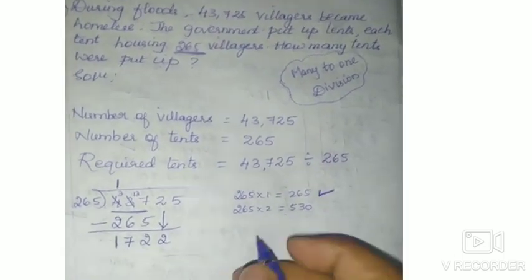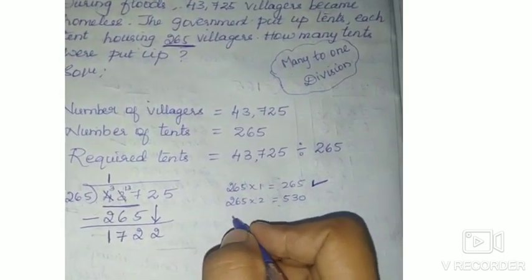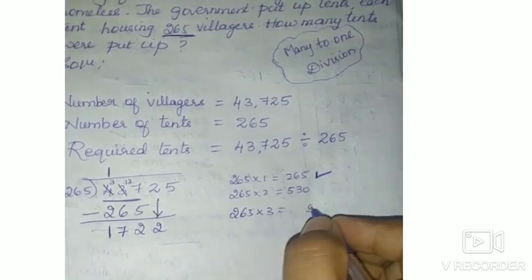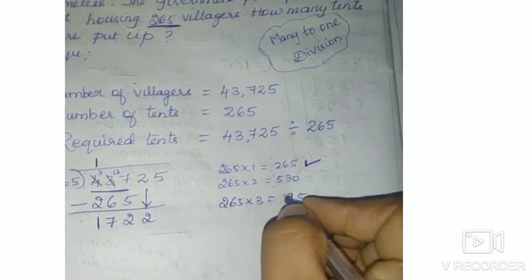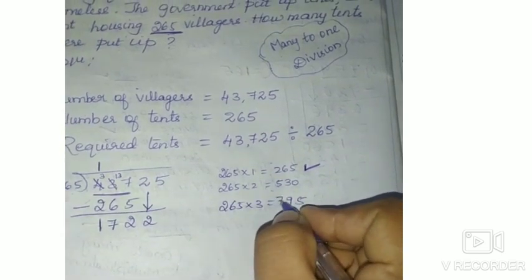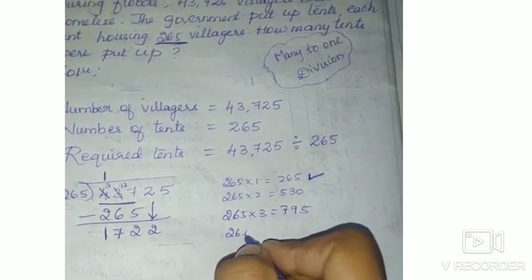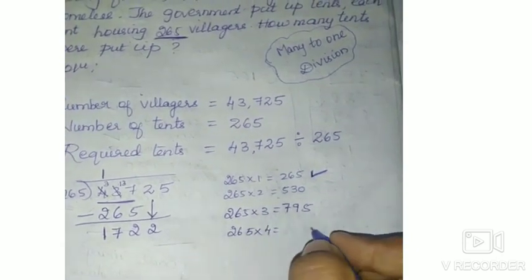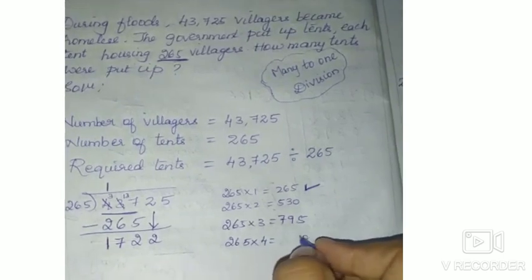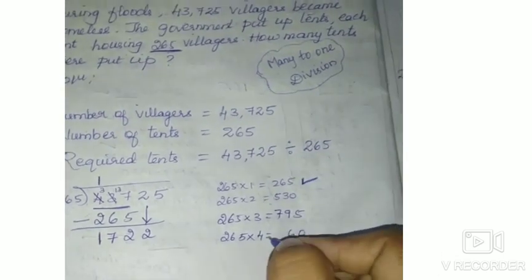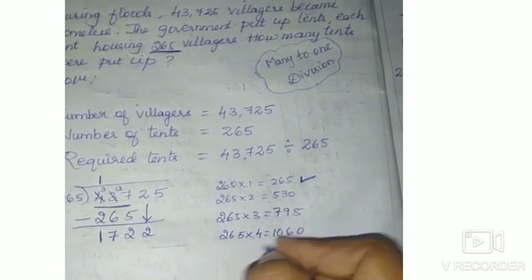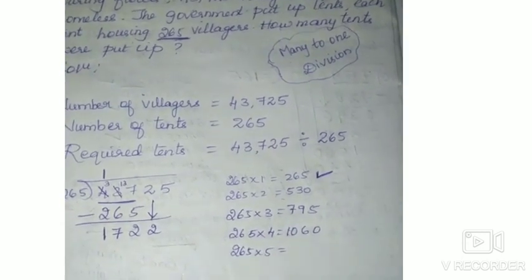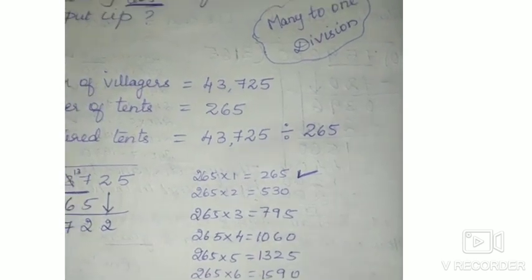Now start multiplying until you get this number or more. 265 threes: 3 fives are 15, 3 sixes are 18, plus 1 is 19, 3 twos are 6, 7, that is 795. 265 fours: 4 fives are 20, 4 sixes are 24 plus 2 is 26, 4 twos are 8 plus 2 is 10. Again 265 fives. Now you have to multiply up to 7.